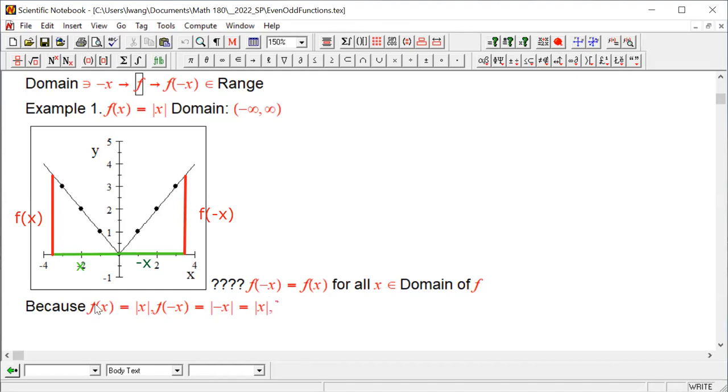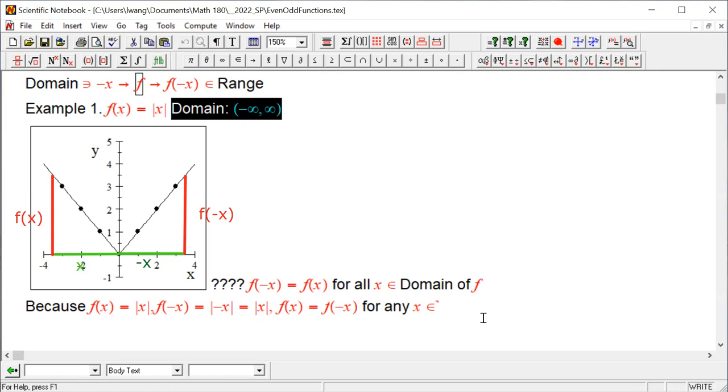Thus, f of x is equal to f of negative x. And this is true for any x in the domain of this particular function.